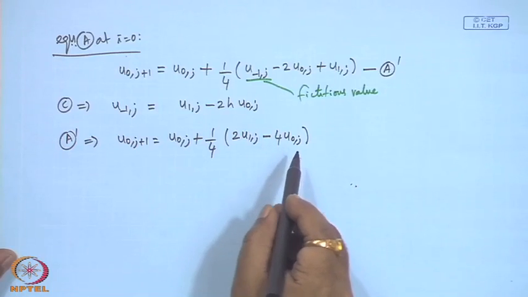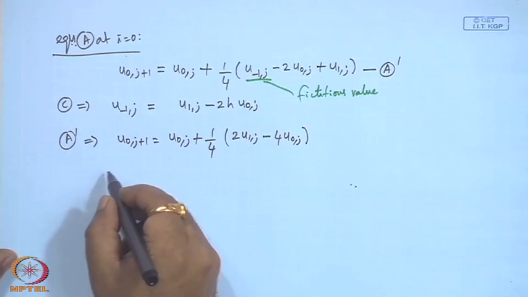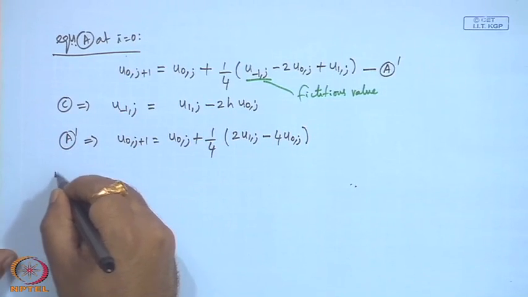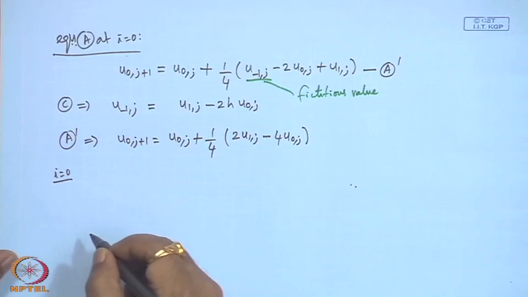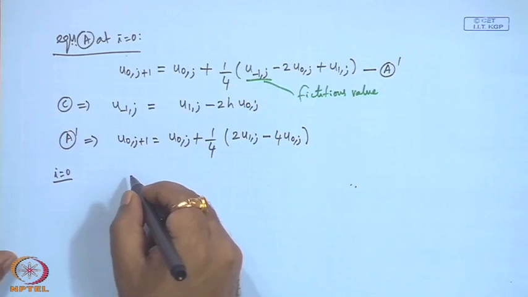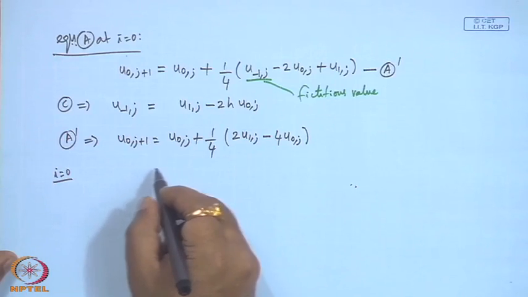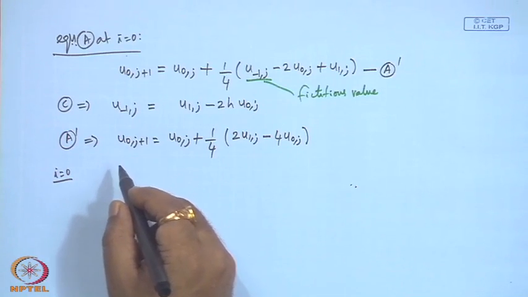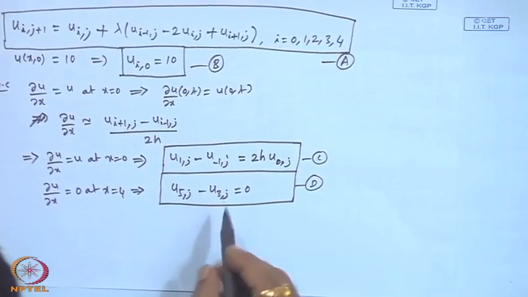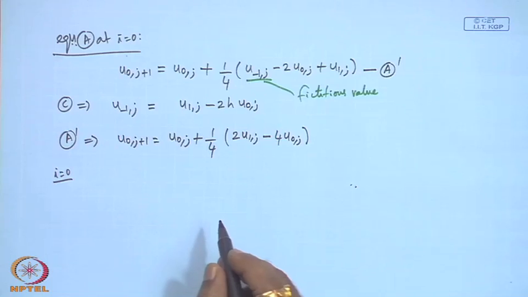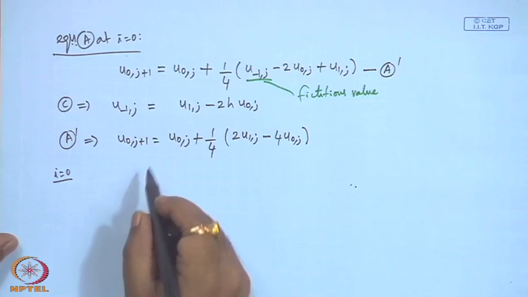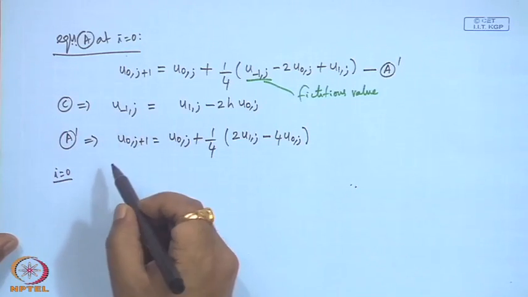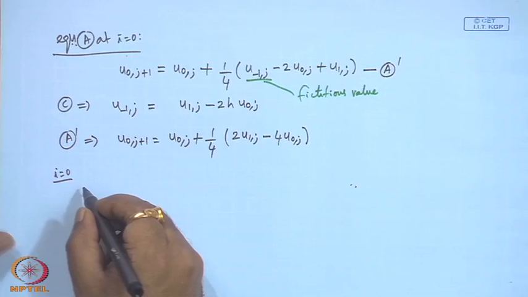So, accordingly, for I equal to 0, we have, remember we have other and also we have a fictitious value, okay, u 5. So, that needs to be eliminated when we write the equation for I equals to 4.